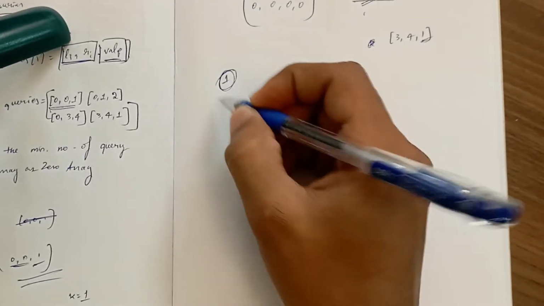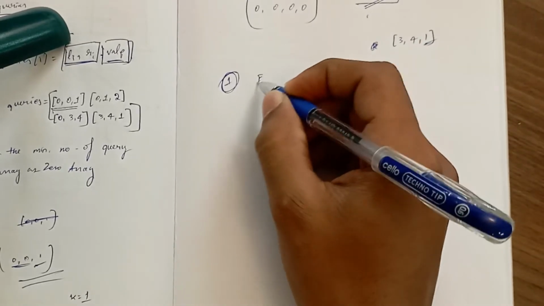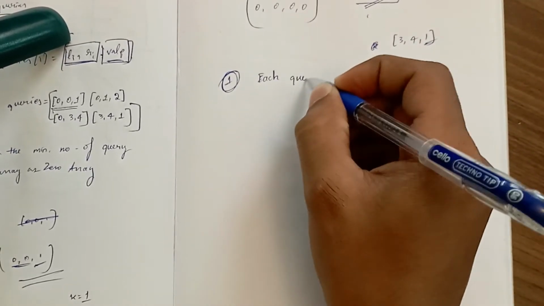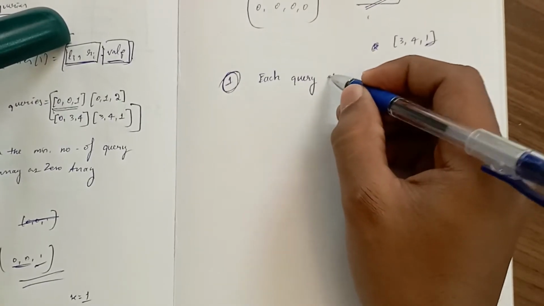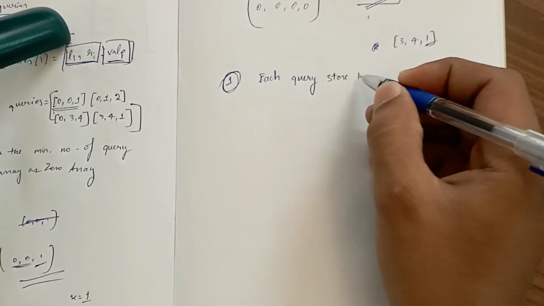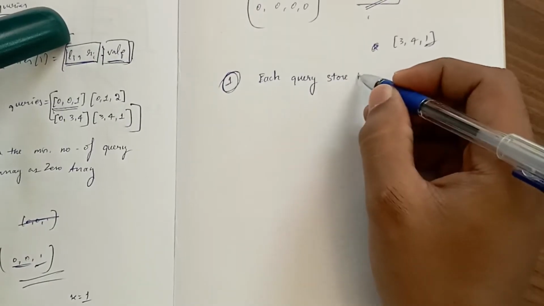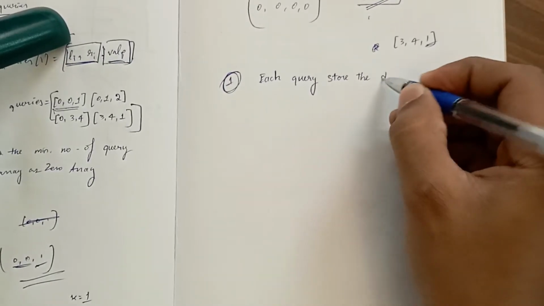The first thing that I thought is that for each query we need to store the difference array.